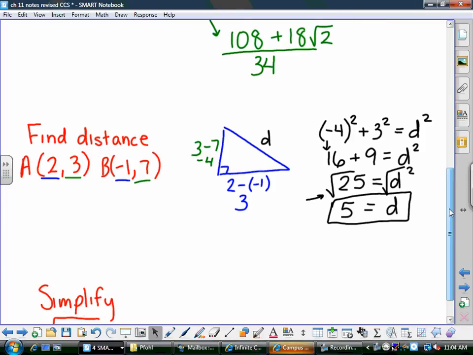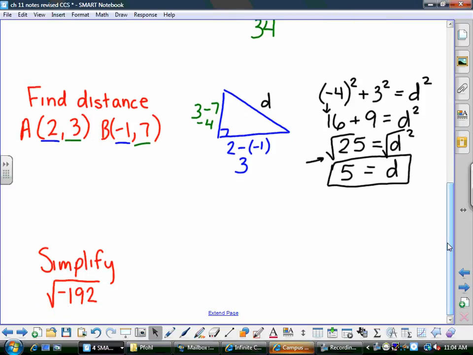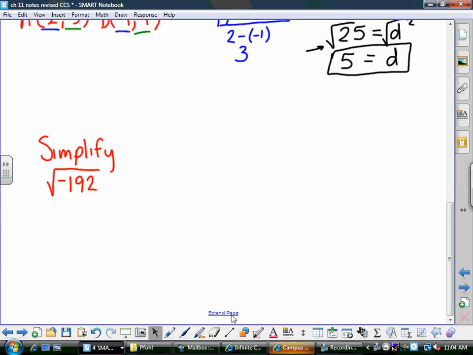One last one from the bottom of the sheet, simplifying the square root of negative 192. The first thing you should notice is that the negative is inside, so it's going to be imaginary, and it's going to have an i in the answer. So it's going to be something i square root something.